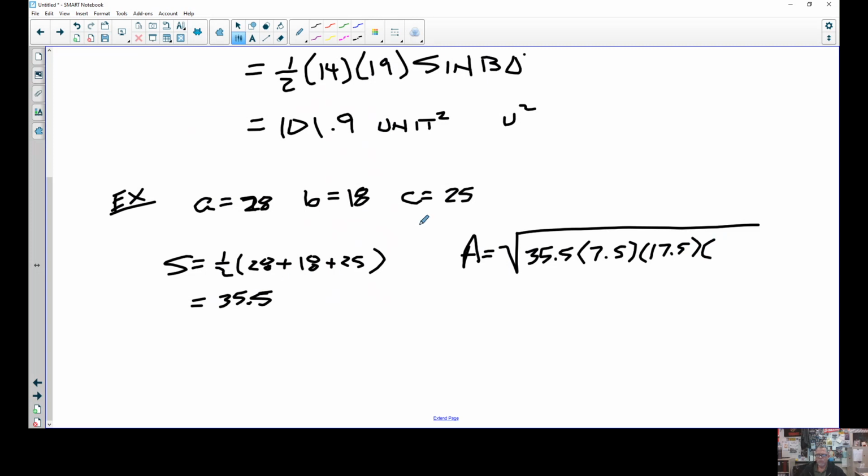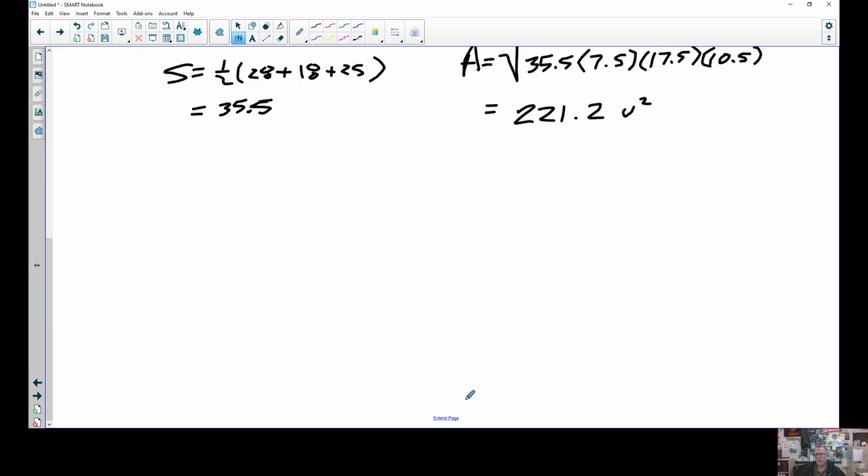And finally, 35.5 minus 25, that is 10.5, right? Yeah, 10.5. All right, and multiply this out, take the square root of it, and you should end up with 221.2 units squared.